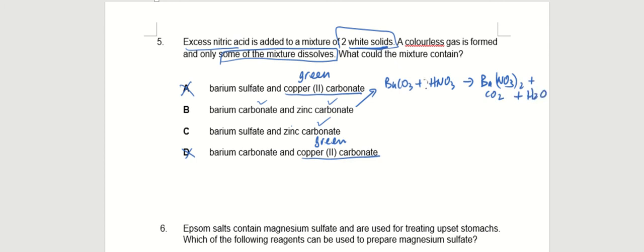Okay, so we can see that this is a soluble substance. Okay, now we add, how about zinc carbonate? Zinc carbonate will follow the same reaction. Zinc carbonate and nitric acid will give us zinc nitrate plus carbon dioxide plus water.